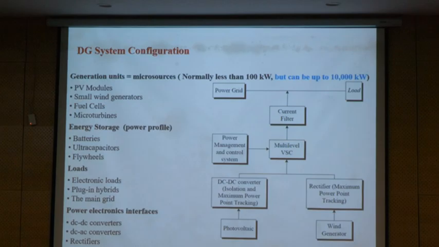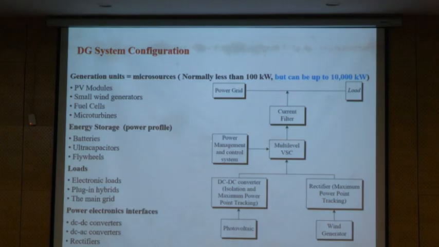Anyway, once a mismatch happens between the generation and consumption, the converter should provide it. This distributed generation technology is a combination of the actual generation side and the interfacing system. It can be a multi-level converter, two-level converter, modular converter, any type of converter, something that converts DC to AC, because we need the AC. So, converter, and then we have a filter and inject the high quality power to the system.